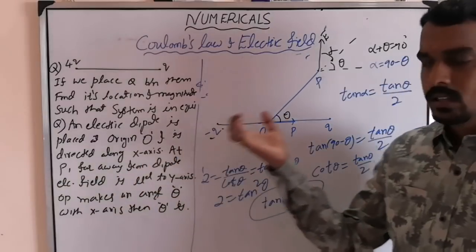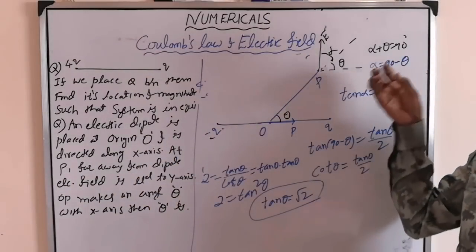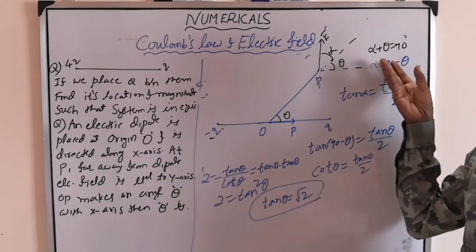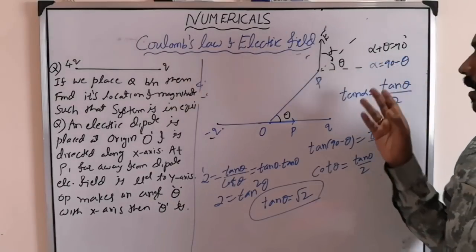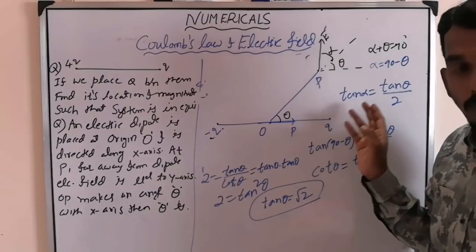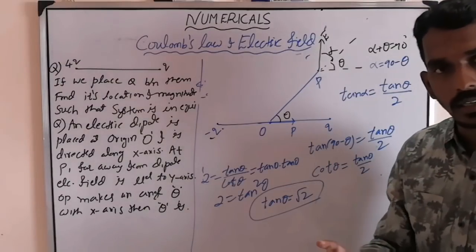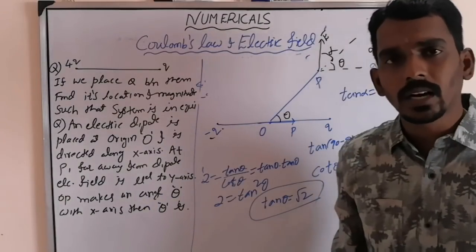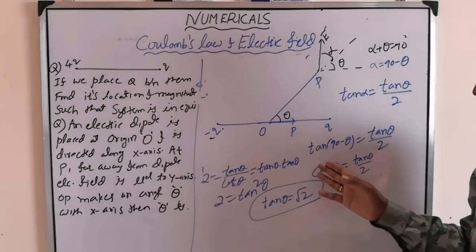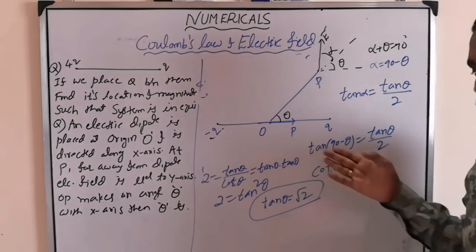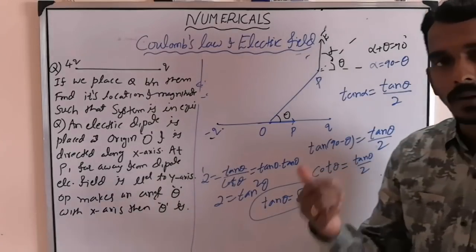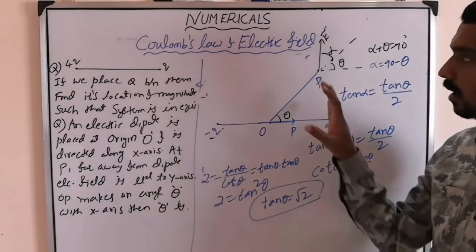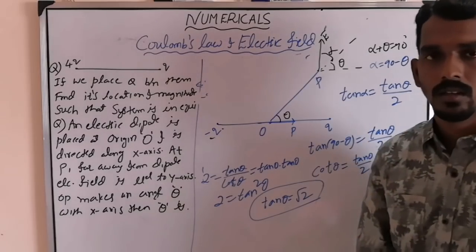So in this way, what is important? Understand the question. Draw the diagram. Then you will come to know the manipulation or whatever condition is given. Then take the required suitable formula which you have studied already. All the formulas you will have studied. Then in the calculation, sometimes, not every time, mathematics also plays a key role, so that you will get the solution.